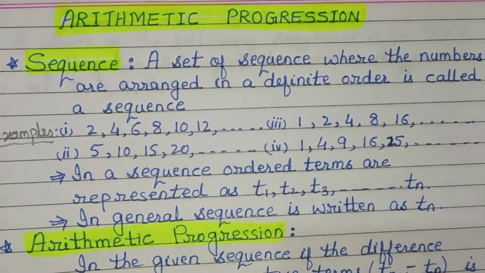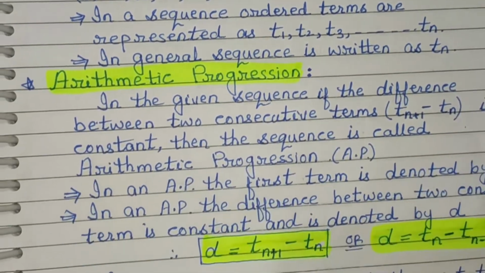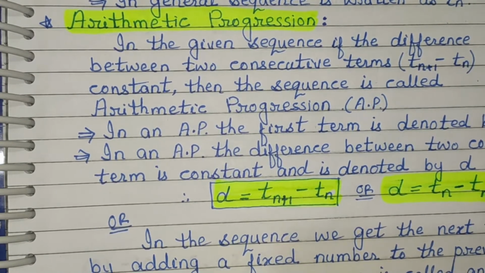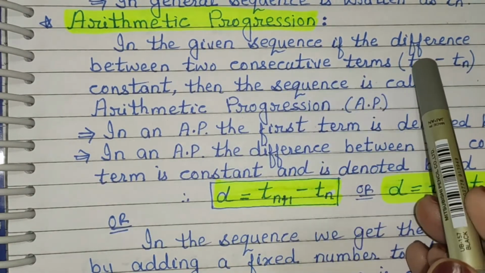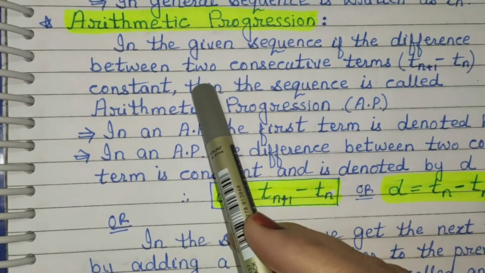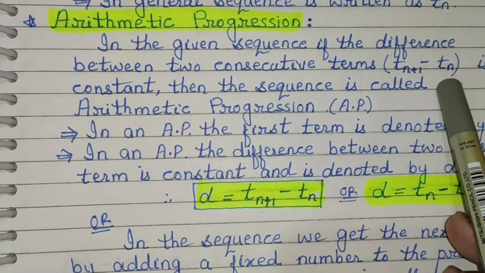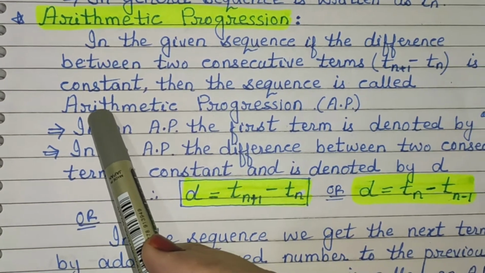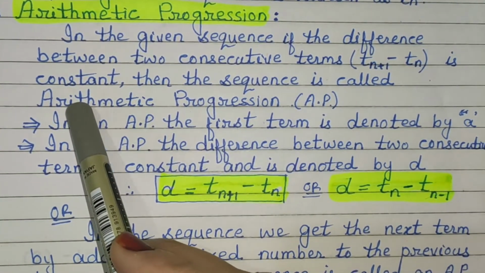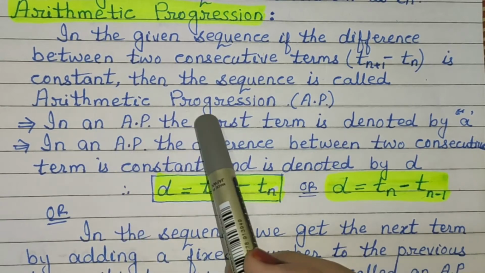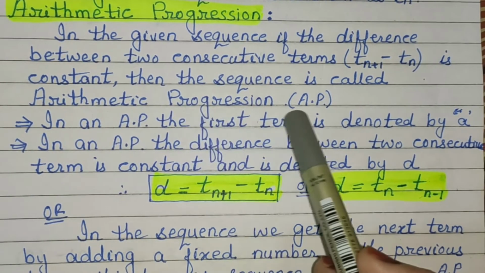Now, the next topic is arithmetic progressions. In the given sequence, if the difference between two consecutive terms, t n plus 1 minus t n, is constant, then the sequence is called an arithmetic progression, means AP.